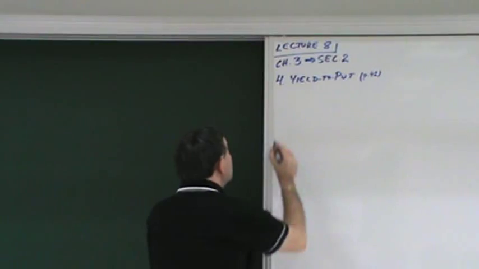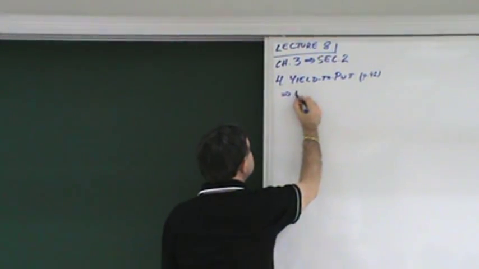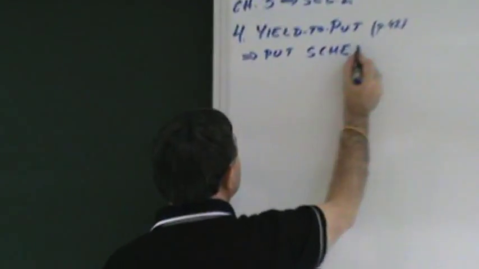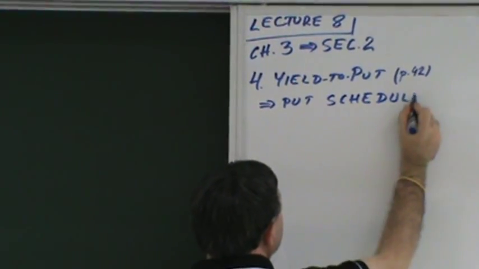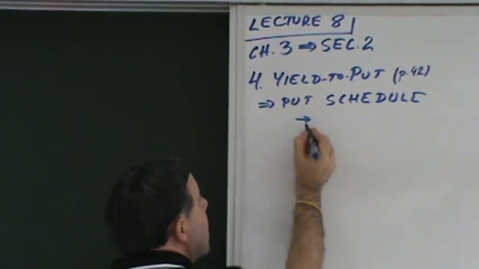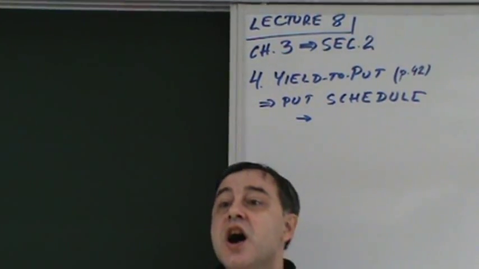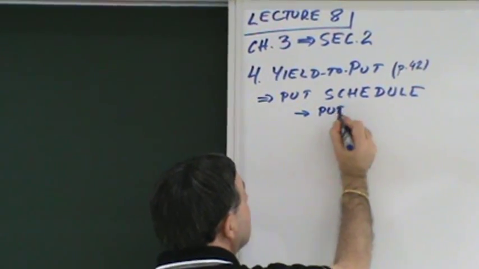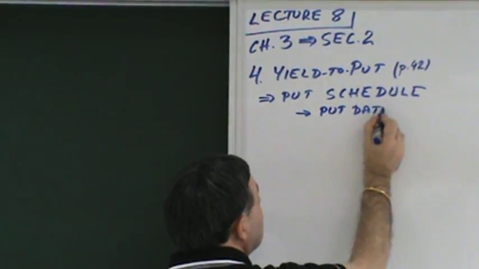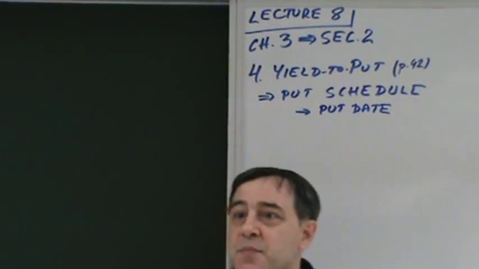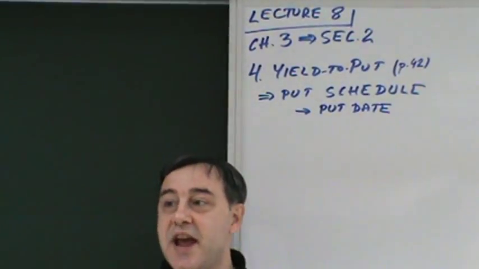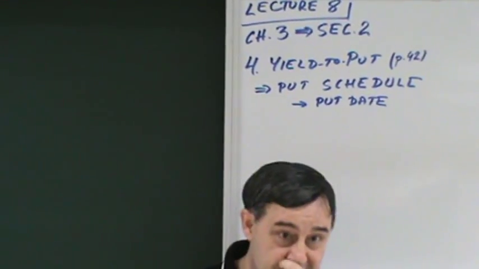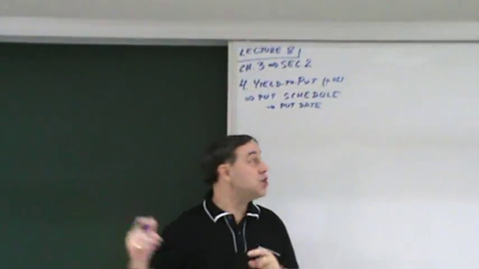You've got a put schedule, and the put schedule will give you a put date. A put date is simply the date on which the bondholder can put the bond to the issuer.